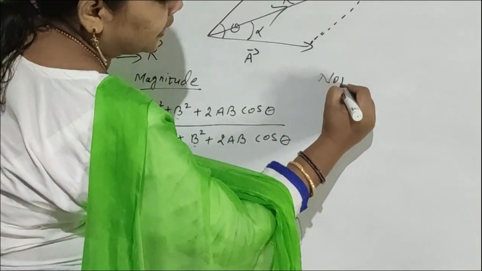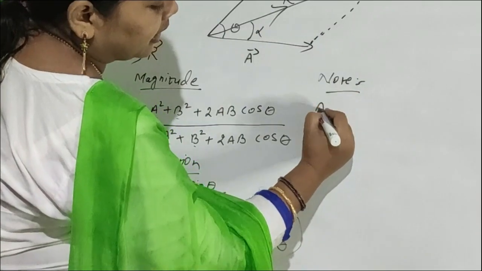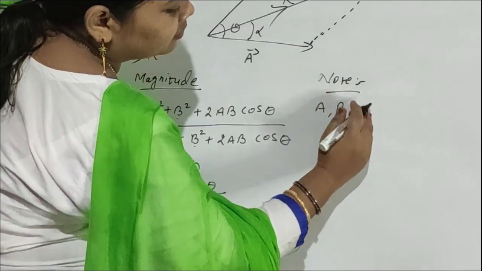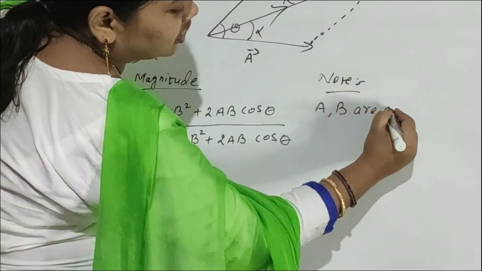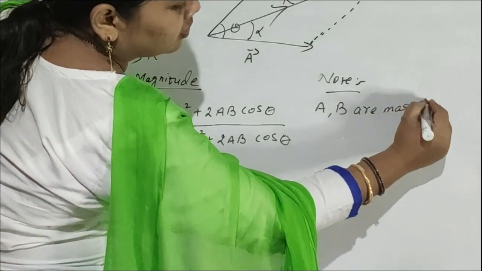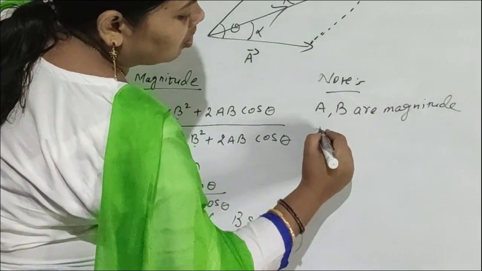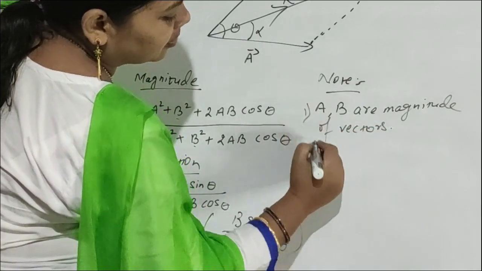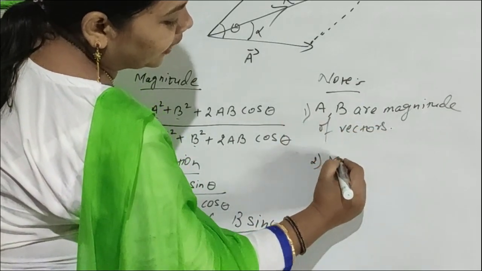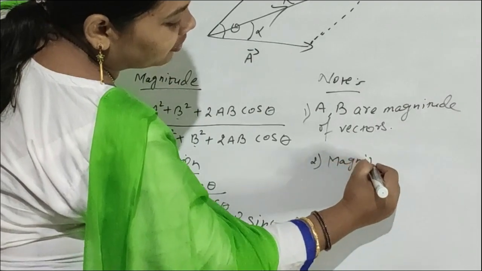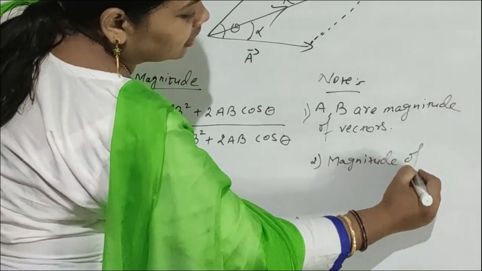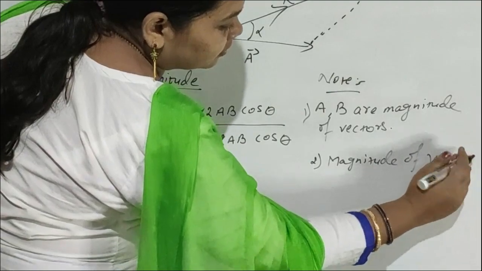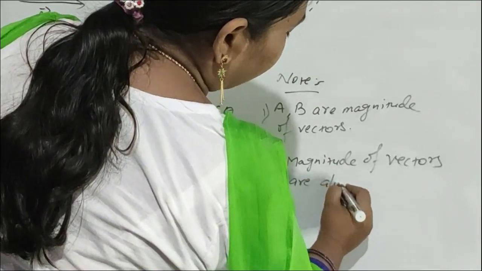Remember, note this point. First point you have to remember, A and B are magnitudes of vectors. Second point, magnitudes of vectors are always positive.